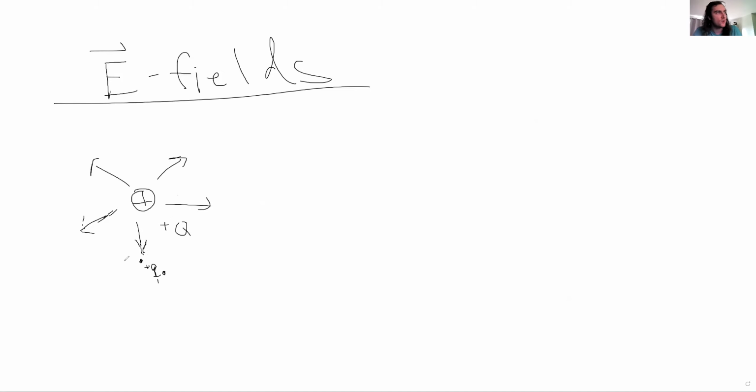So we could imagine dragging this little test charge all around this big positive charge plus Q and mapping out these force vectors. We map out all these force vectors, and then we divide those force vectors by the test charge little q.